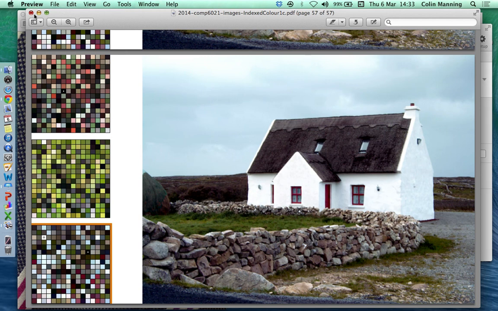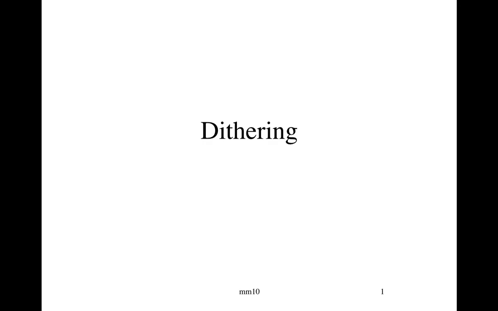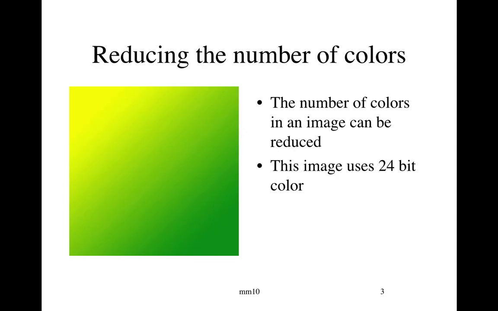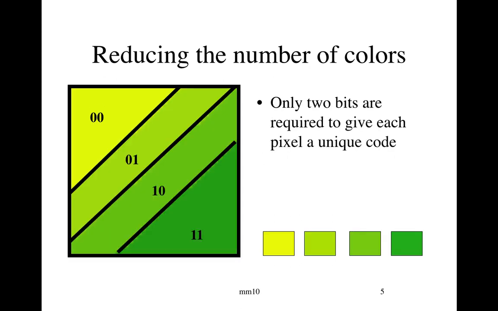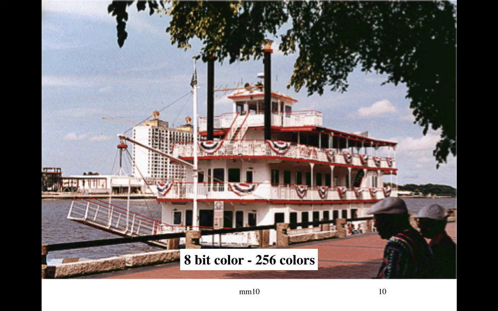So far, so good. But the next thing we're going to consider is dithering, okay? So we're in the same territory here now. We have an image that's 16 million colors, whatever. We're reducing it down to an indexed palette with a certain number of colors. And as we reduce the number of colors, obviously the quality of the image gets reduced.